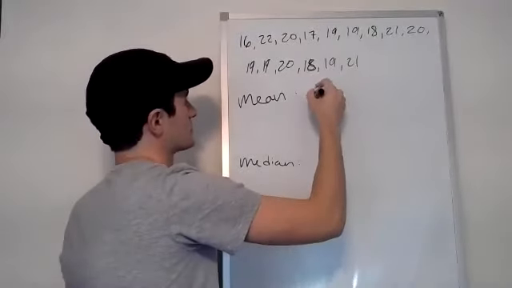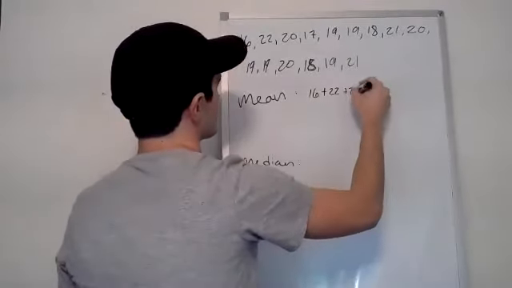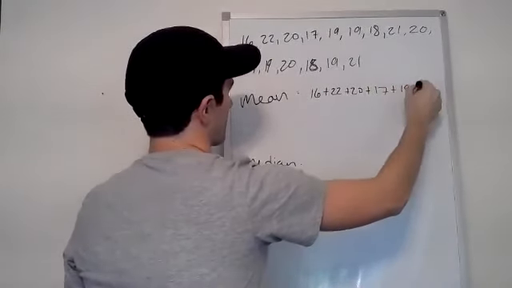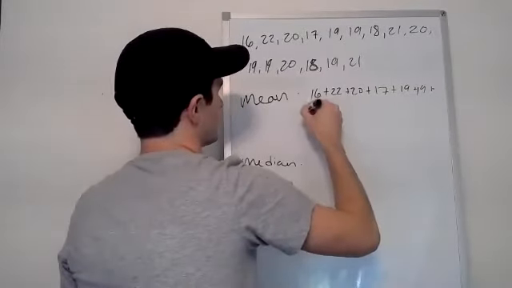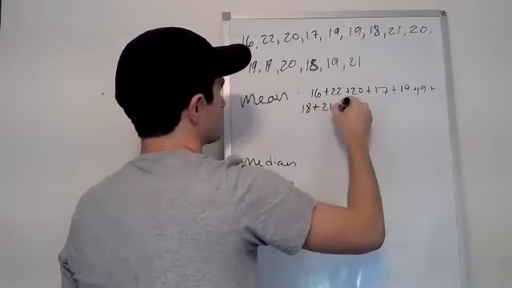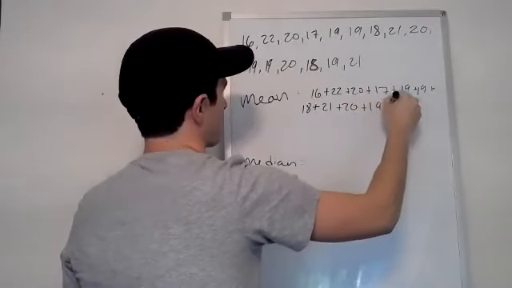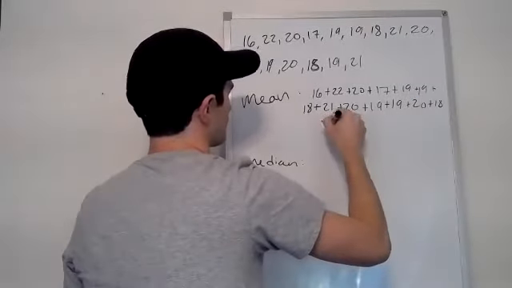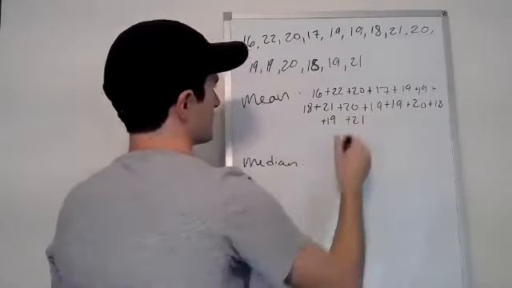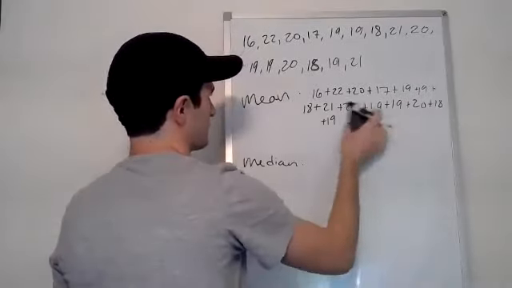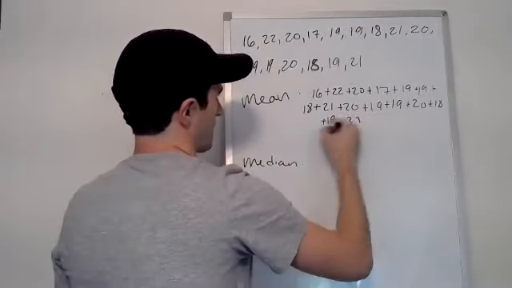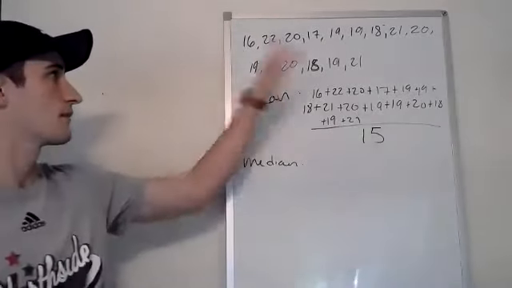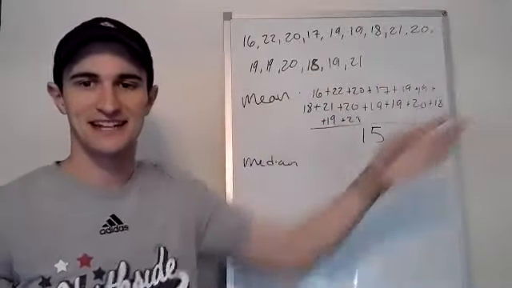If we took 16 plus 22 plus 20, plus 18 plus 1, we add all those together, and divide it all by 15, because 15 is the number of numbers in the list.